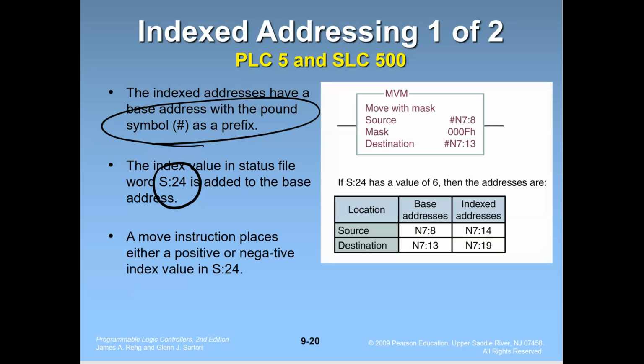So for example, let's assume that you are saving a value of 6 at your S:24. Now, if you have a move with mask instruction with 2 addresses which are index addresses, so your source is an index address and your destination is also using index addressing format, what you need to do is add 6 points to your current index address.